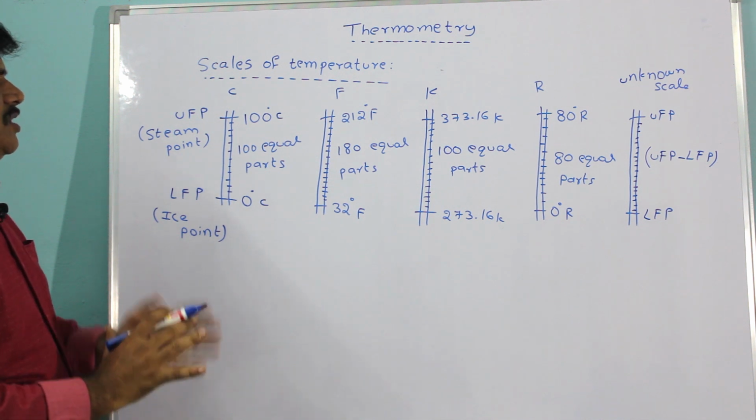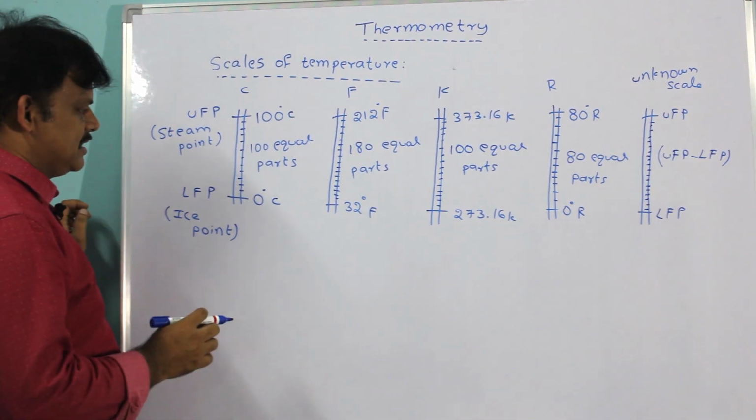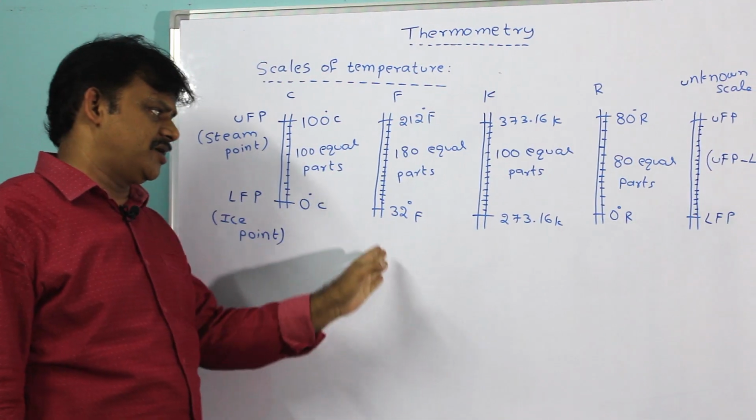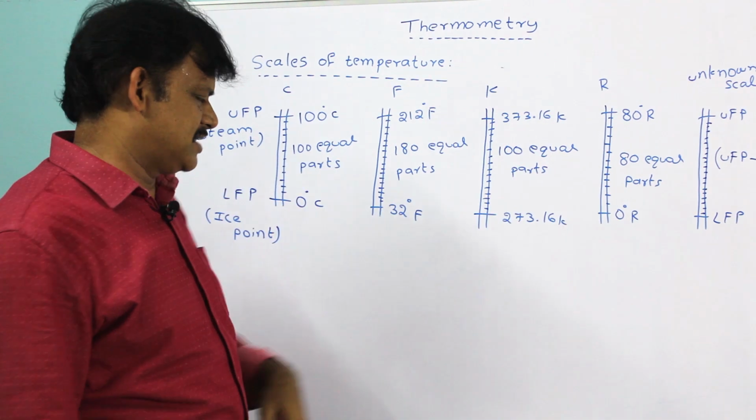So, let us discuss the basic common property. Generally, in order to relate different scales, temperature can be measured in Celsius or Fahrenheit or Kelvin or some other unknown scales like that.